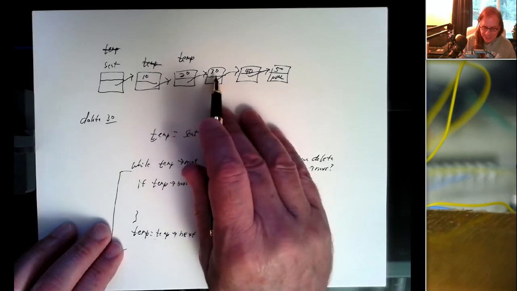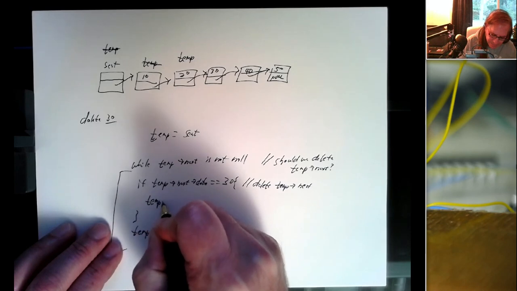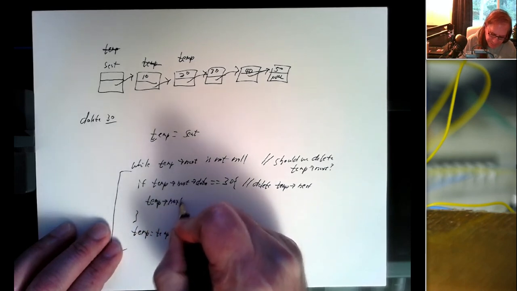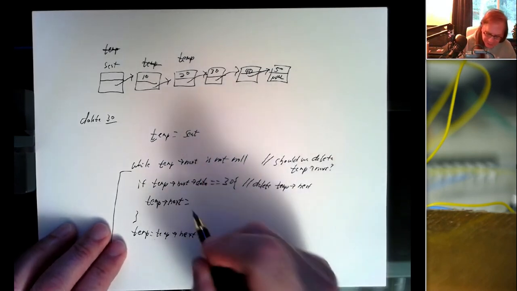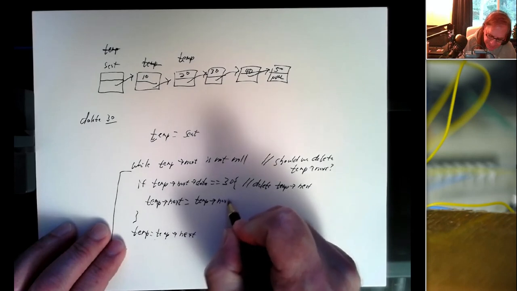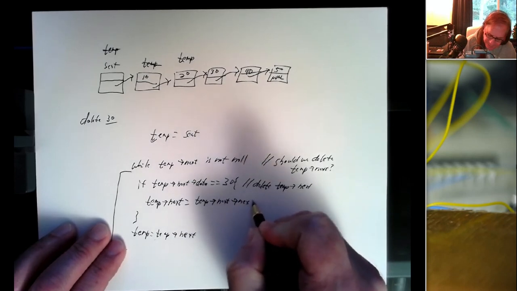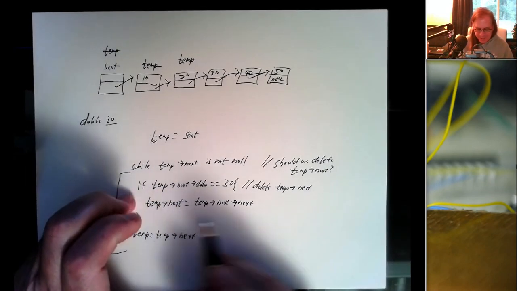So how do we delete that? Well, we should simply take temp next and set it to whatever that next node is already pointing to. So we set it equal to temp next next. Remember, we do these evaluations right to left.